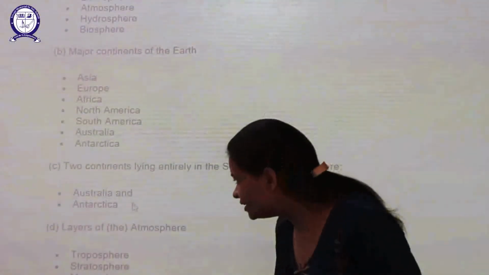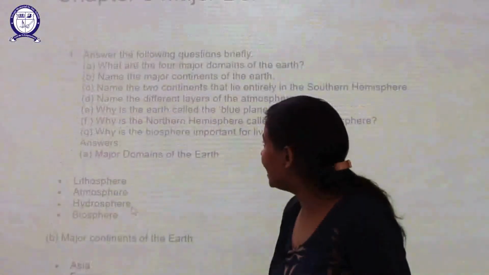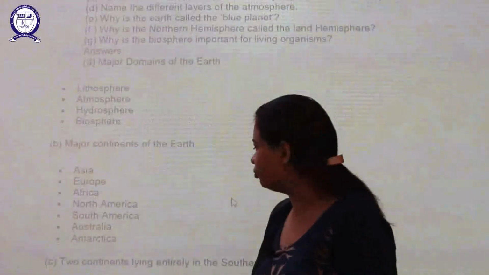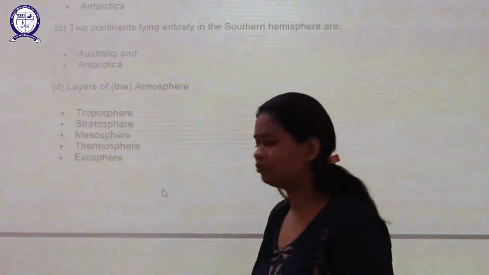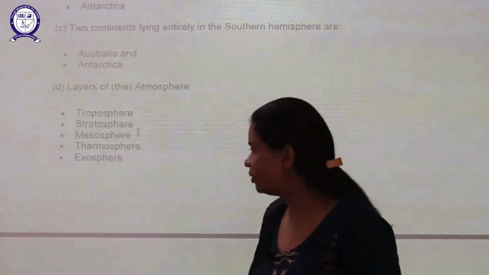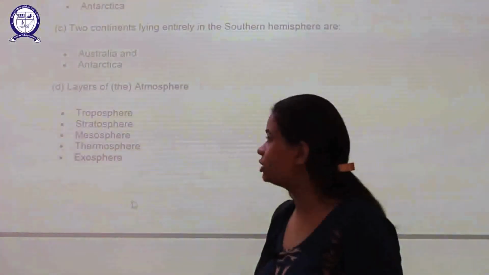These two continents are Australia and Antarctica. The next question is, name the different layers of the atmosphere. The different layers of the atmosphere are troposphere, stratosphere, mesosphere, thermosphere and exosphere.